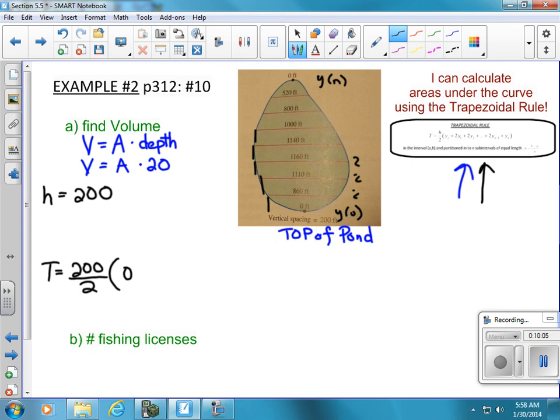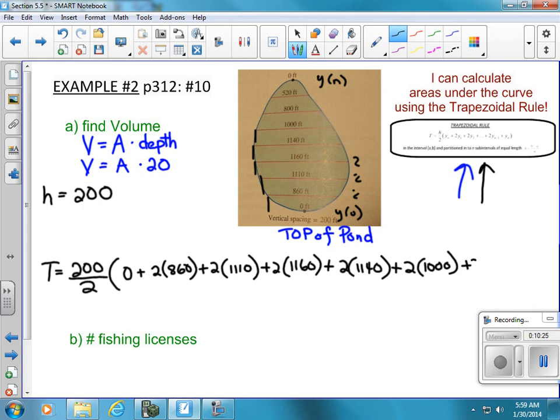So if I start from the bottom and move up, we're going to have 0 plus 2 times 860 plus 2 times 1110 plus 2 times 1160 plus 2 times 1140 plus 2 times a grand plus 2 times 800 plus 2 times 540, or 520, sorry, plus 0. All right, now all of that needs to be multiplied by 200 over 2, or 100.